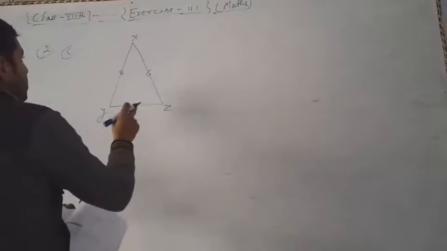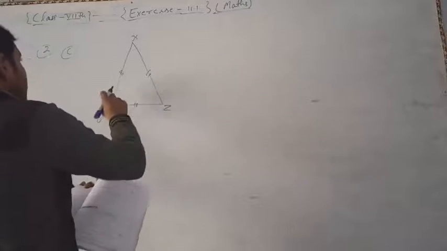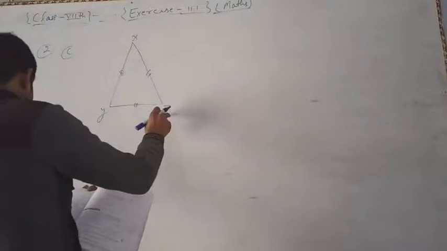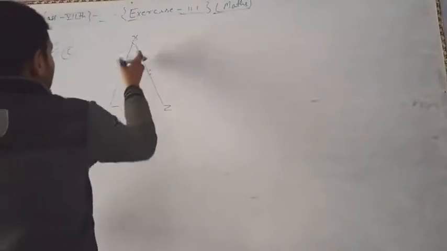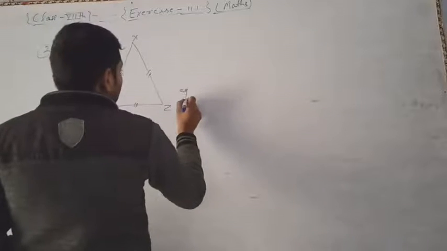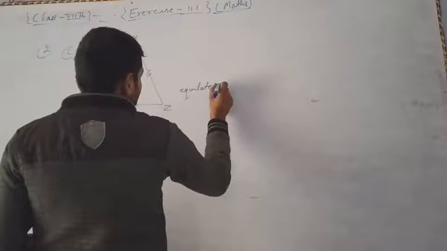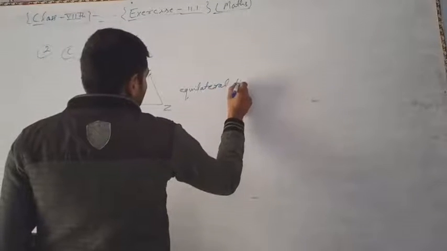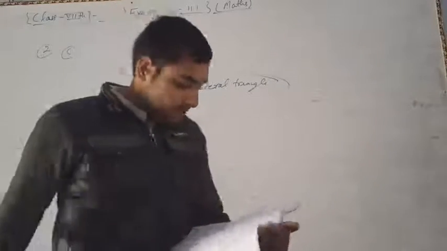So in this type of triangle all the sides of the triangle are the same. So this type of triangle is known as an equilateral triangle. Okay.